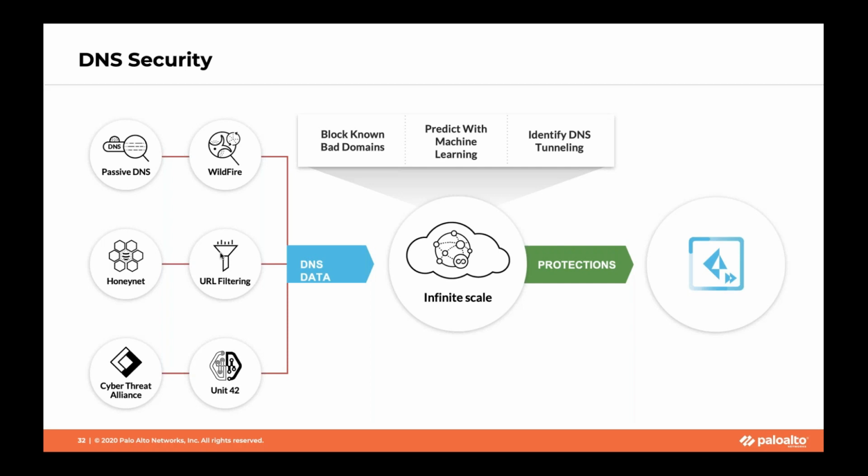With DNS security, we can not only block bad domains, but we can also, for example, stop domain generation algorithms with machine learning, and we can block DNS tunneling. With DNS tunneling you can infiltrate and exfiltrate data, because the firewall sees that as legitimate DNS traffic. But with DNS security in place, this can also be stopped.